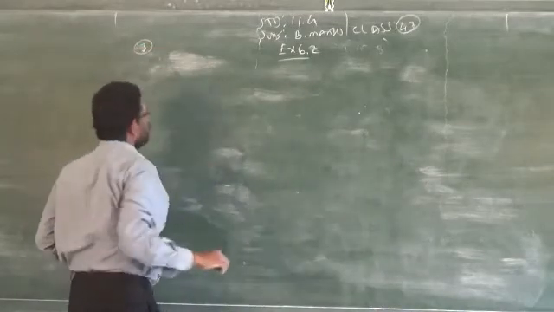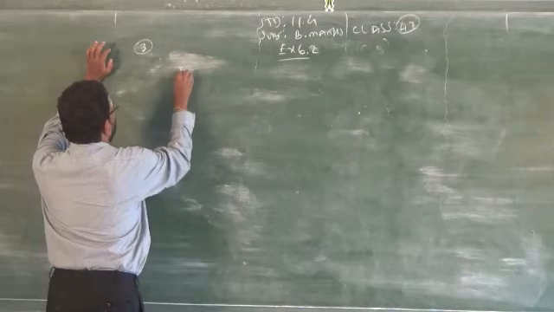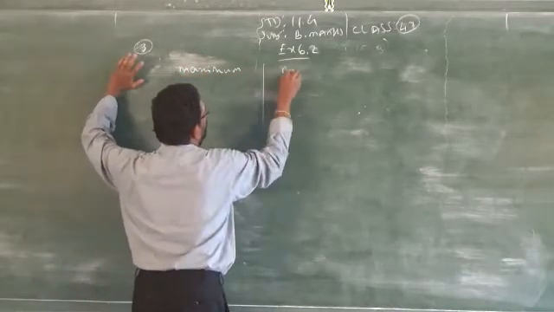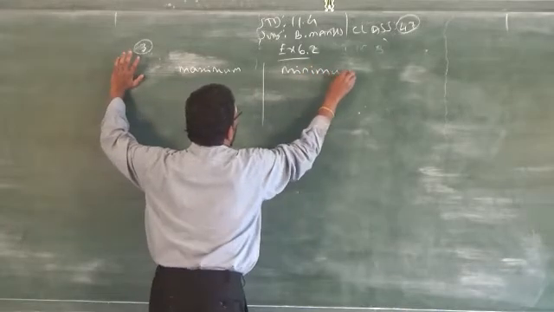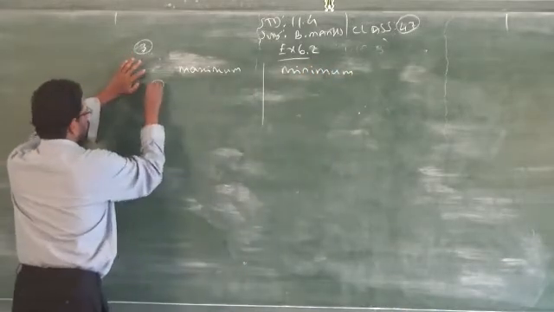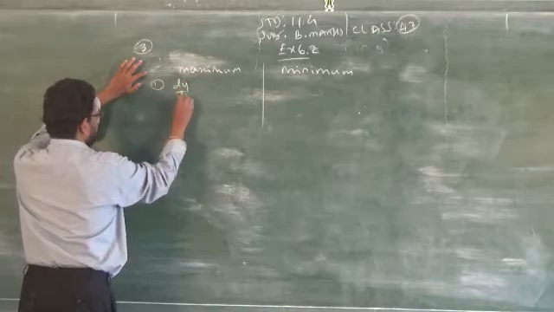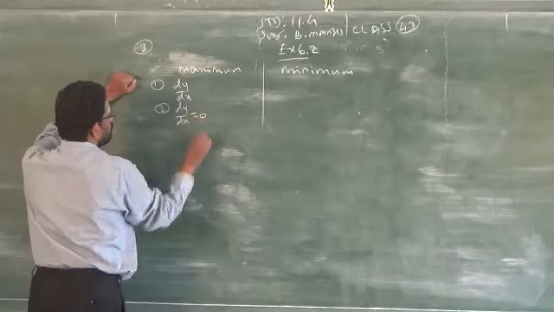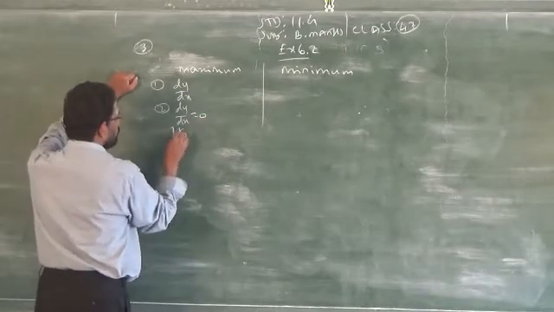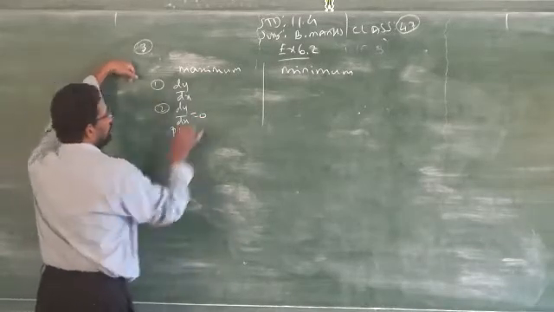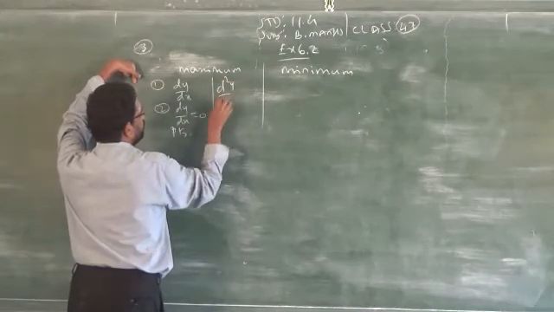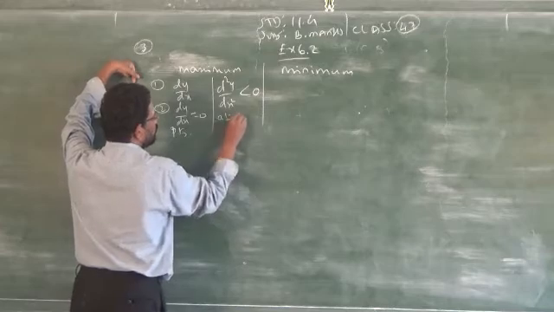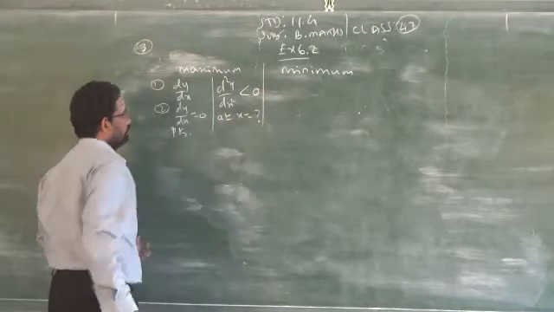Sum number 3. To find the maximum and minimum, we have some rules. First rule, take the first order and make it equal to 0. Find the points. Then take the second order; it is less than 0 at x equal to the points you found.